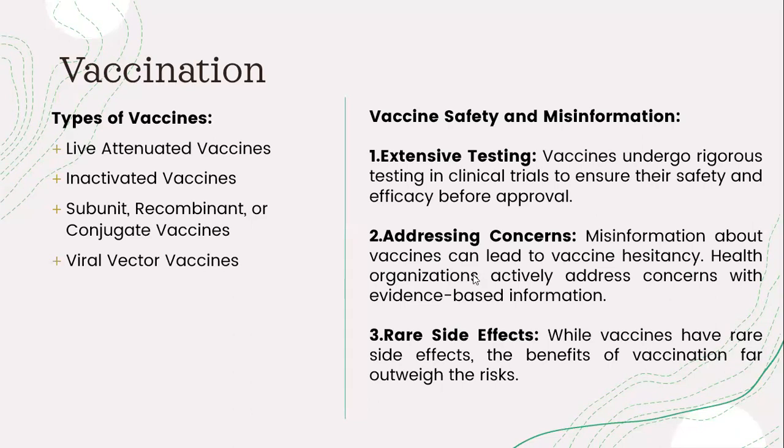But another thing about vaccines is addressing concerns. So misinformation about vaccines can lead to vaccine hesitancy. Health organizations actively address concerns with evidence-based information, and that's a very key one because a lot of information is being spread, like I've been talking about recently. Various side effects. While vaccines have side effects, the benefits of a vaccine outweigh the risk.